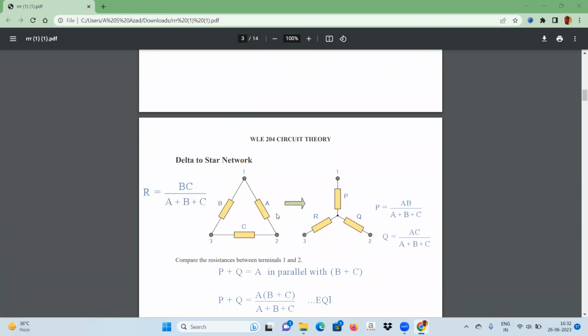Now we will see star to delta and delta to star conversion. First of all, we will see the delta to star connection.